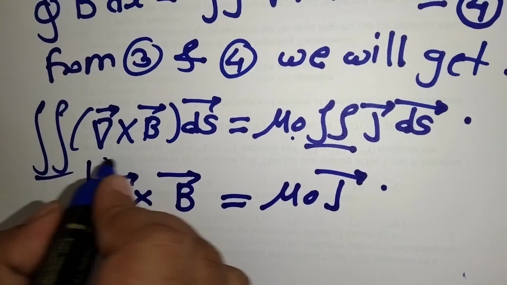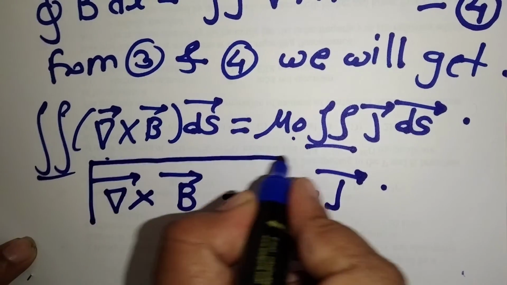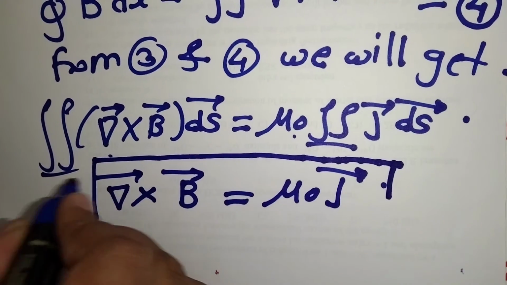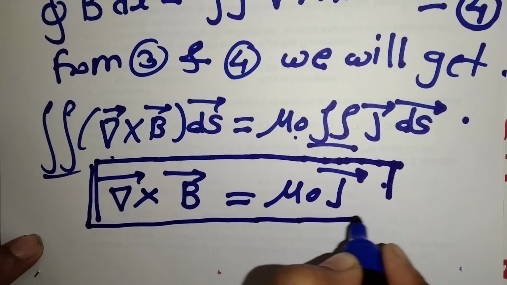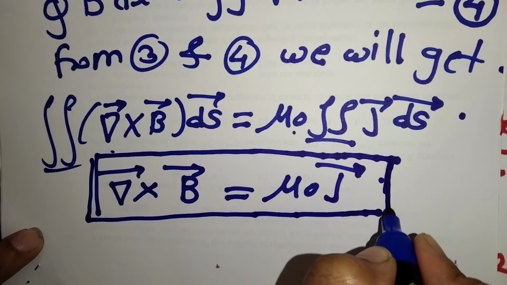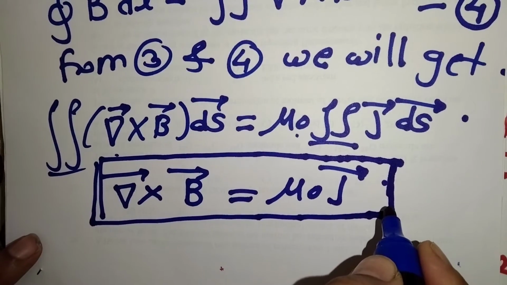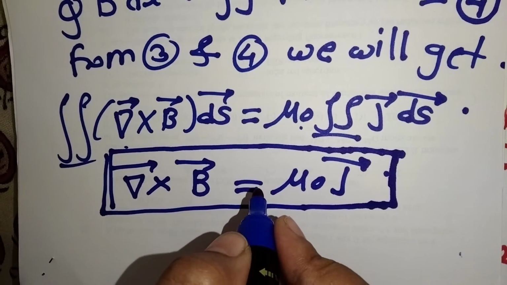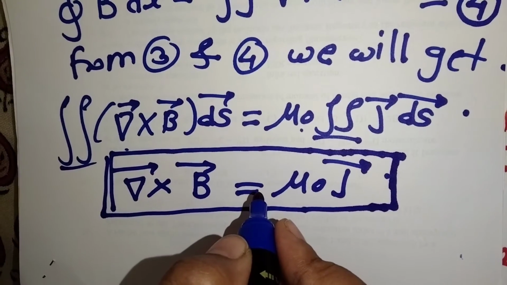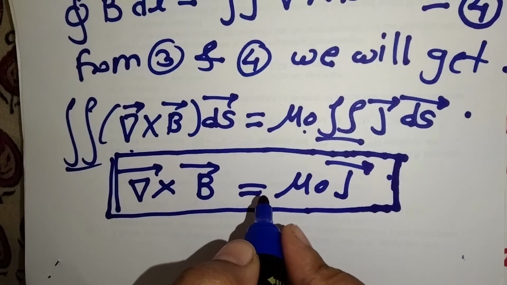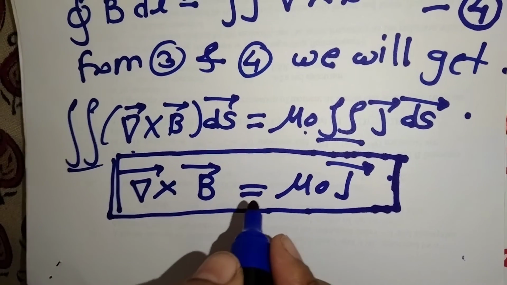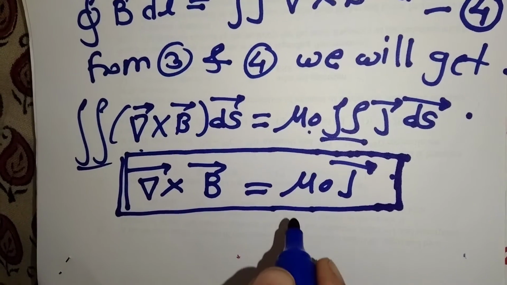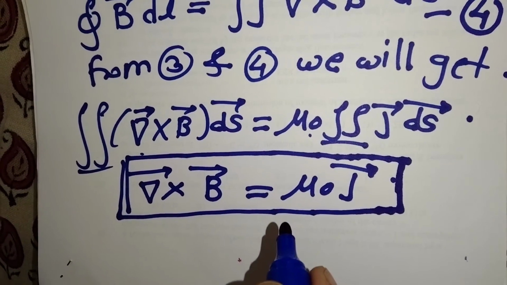This is the vector form of magnetic field law, also called the curl of magnetic field.